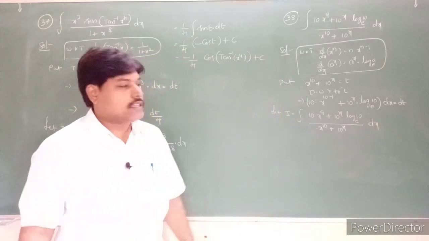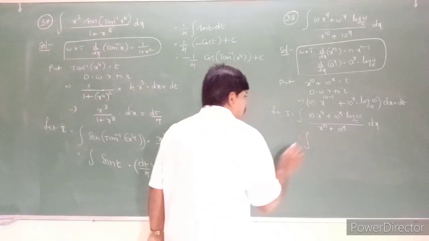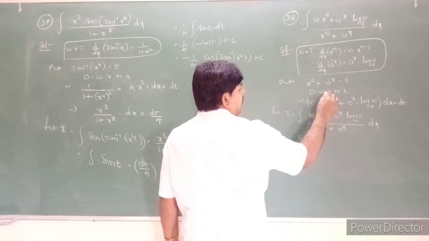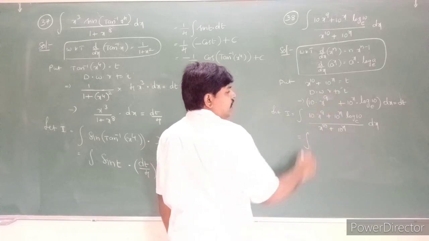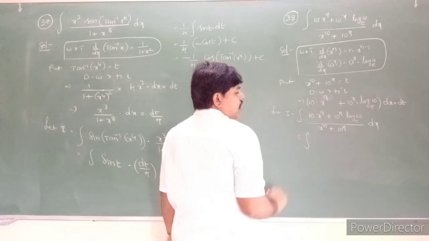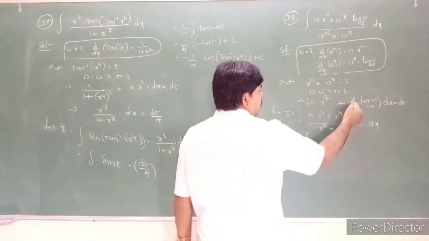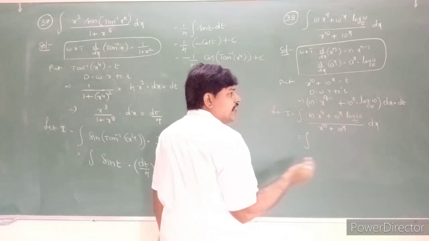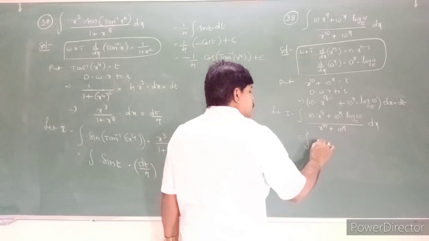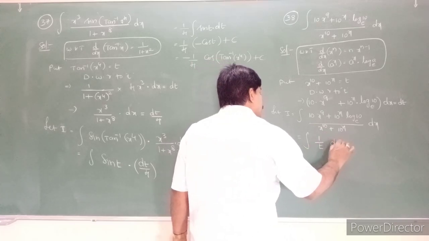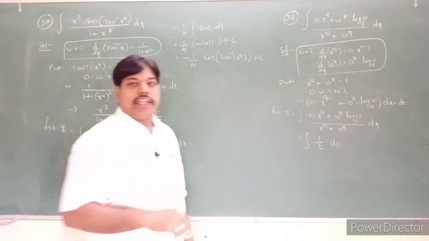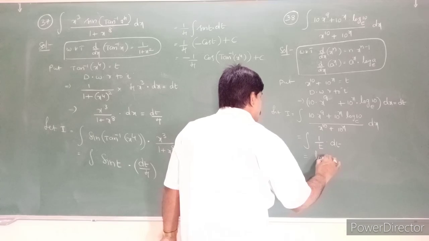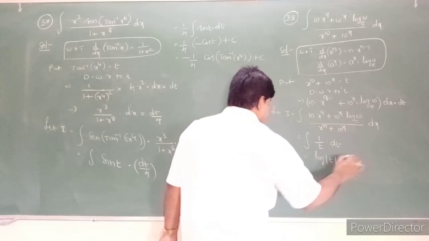The total numerator becomes dt, and the denominator is t, so it is 1 by t into dt. The integral of 1 by t is log mod t plus c.